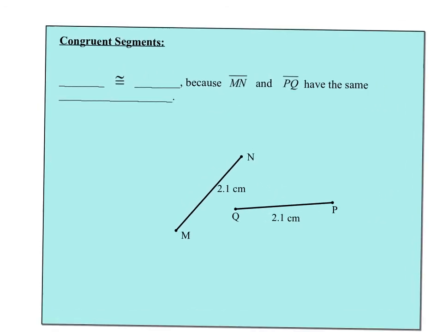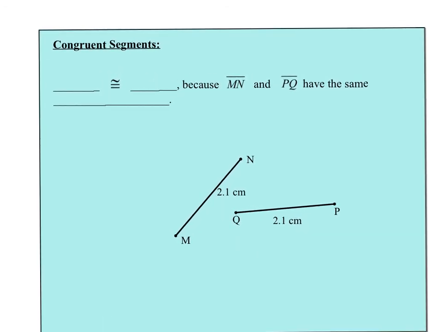So in geometry, we have this idea of congruence. Congruence is like a geometric version of equals. That's about the easiest thing I can compare it to. Congruent literally means has the same measure.